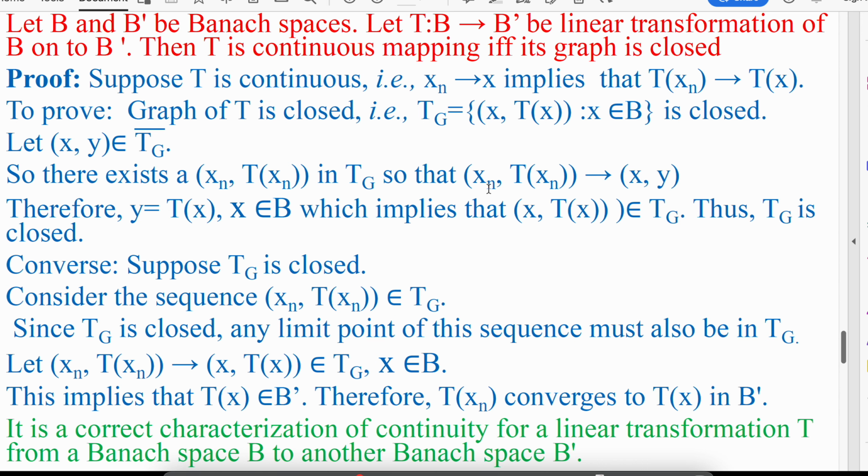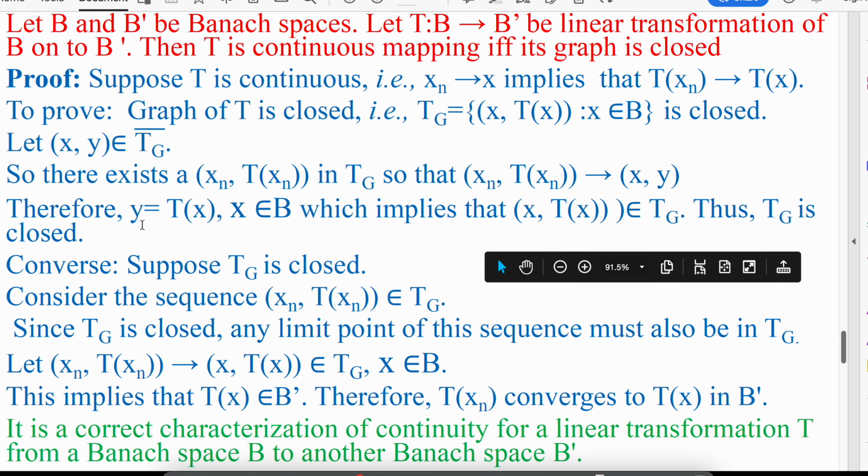But we know that xn tends to x and Txn tends to Tx from here. So it means Tx and y are equal, that is, y is equal to Tx for x belonging to B, and it means (x, Tx) belongs to Tg.